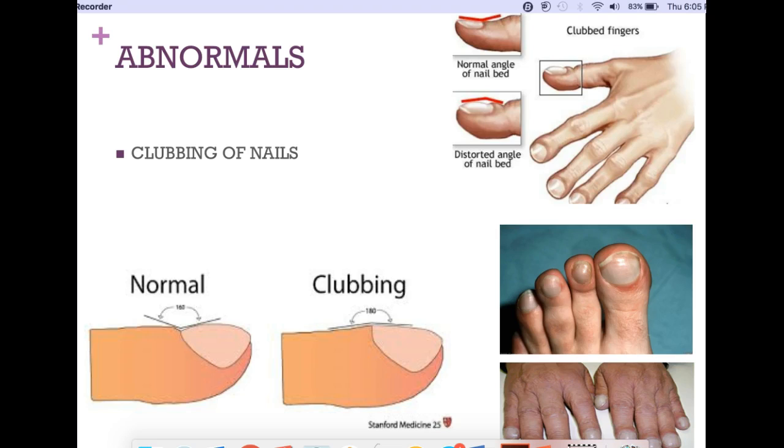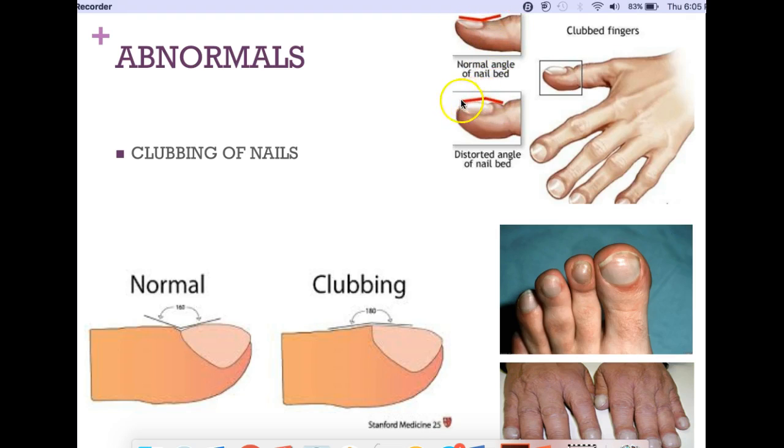The other thing that you need to look for when you're assessing the nails is what we call clubbing. This is not a nail issue in and of itself. It's indicative of a respiratory or cardiac problem, and it has to do with perfusion. So if you look here, the normal angle of the nail bed kind of goes like a convex type of thing.